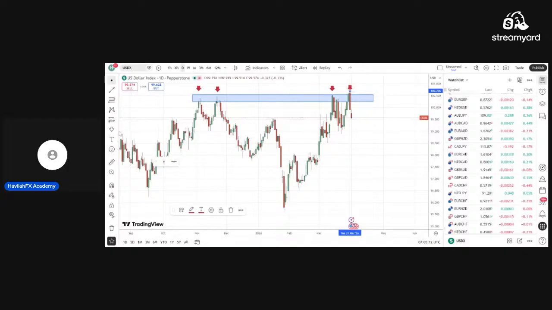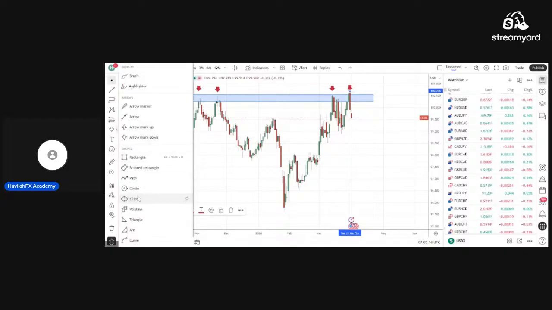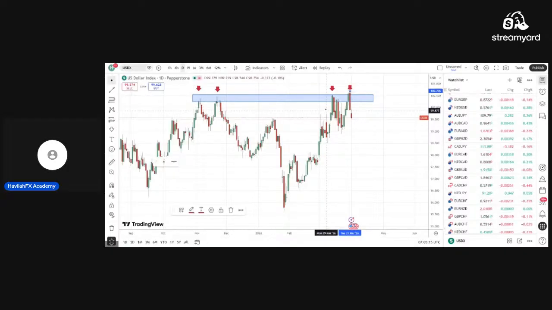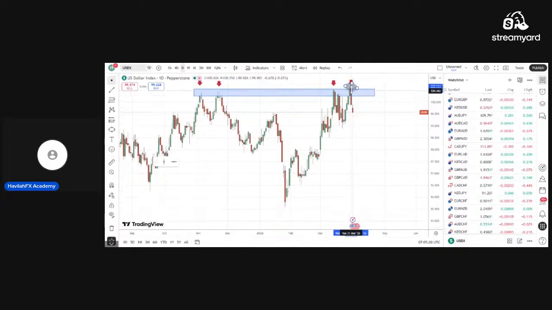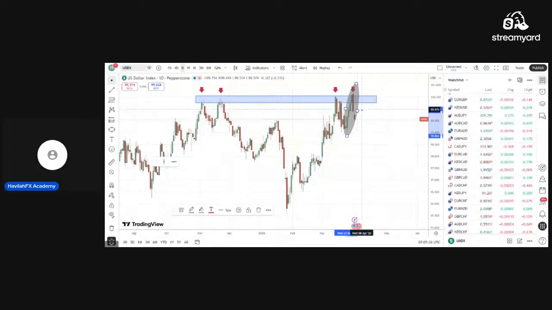And yesterday, price also made another move by forming a bearish engulfing candlestick pattern. Now, a bearish engulfing candlestick pattern is the small green candle and the bigger red candle by the side. That is what is called a bearish engulfing candlestick pattern.